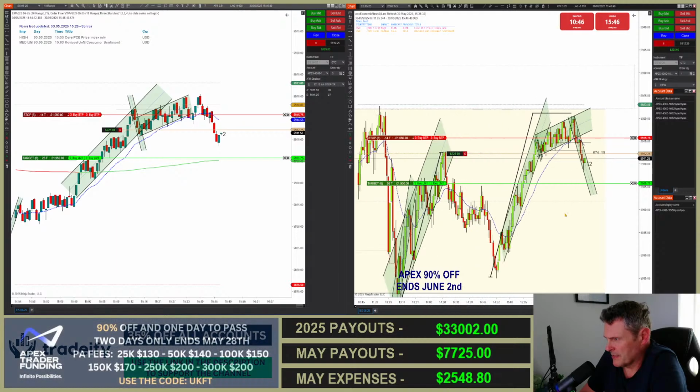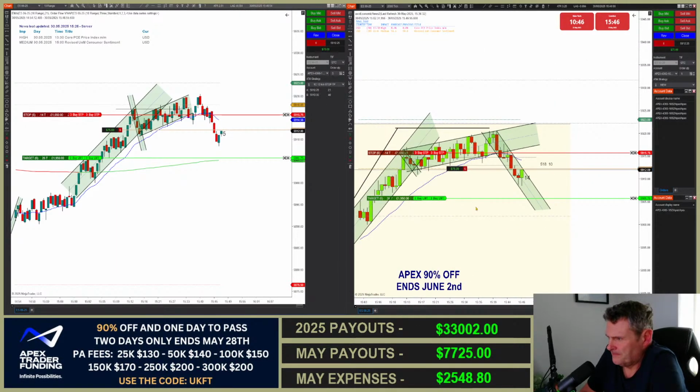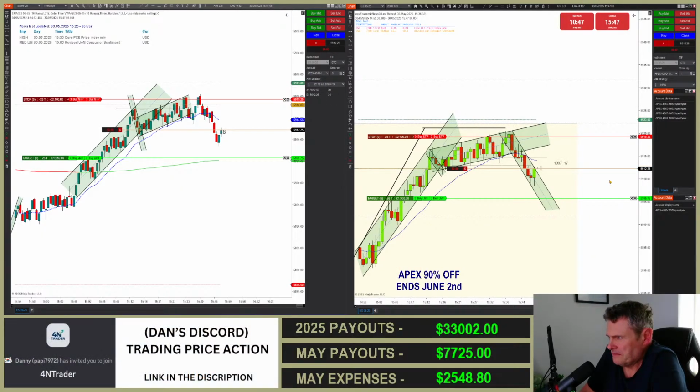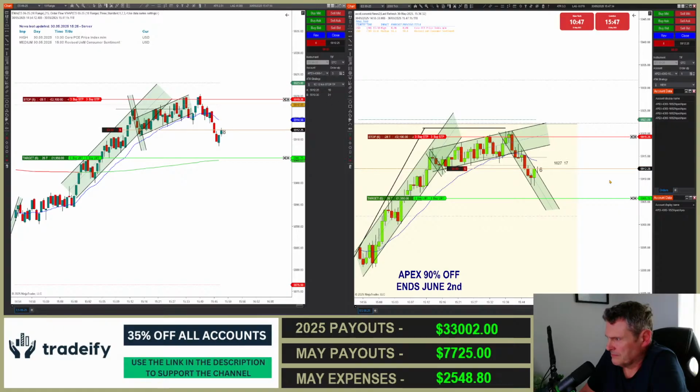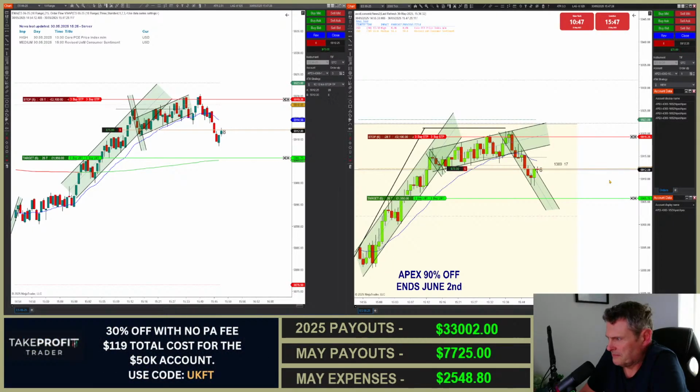Might trigger and come down. I can't see that pushing back up. No, that's out. Drop. Come on. That's why I hate evaluations. Come on, drop.